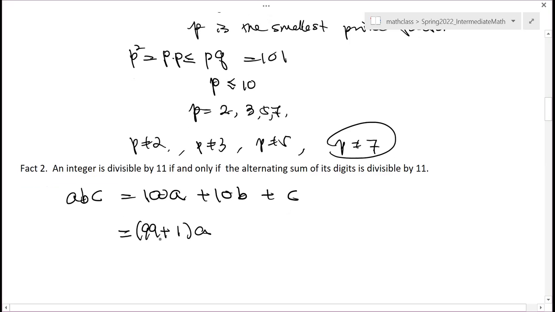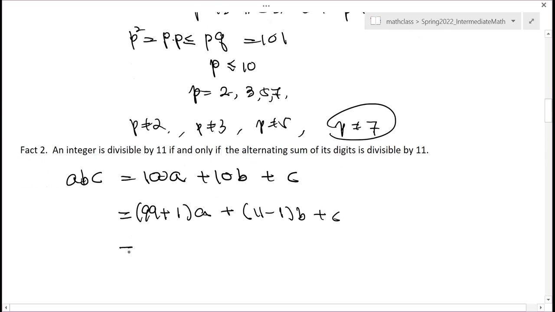The reason I express it as 99 plus 1 is because 99 is divisible by 11. 10, I cannot change to 9 plus 1 because 9 is not divisible by 11. I have to change it to 11 minus 1. So now you have 99A plus A, 11B minus B plus C.